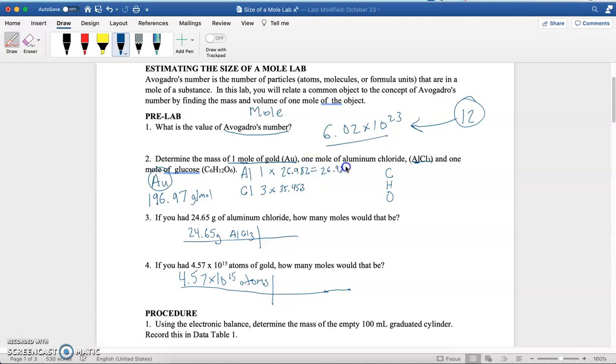I can do that in my head. Now the 3 times chlorine, because there's 3 chlorines, I have to take the mass of 1 chlorine, multiply it by 3, and I get 106.359. Now I'm going to add these together to get the total mass of aluminum chloride. And the units for this is grams per mole.